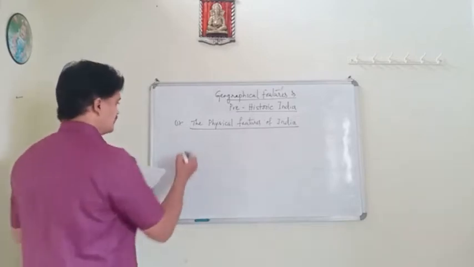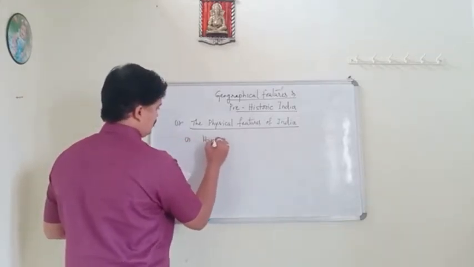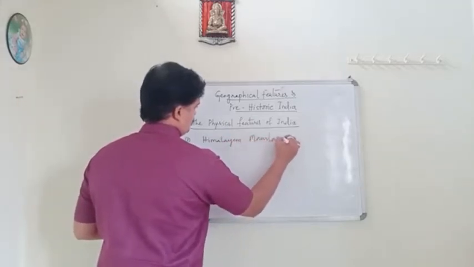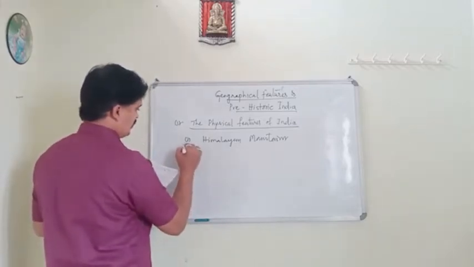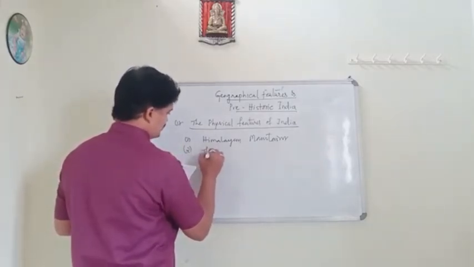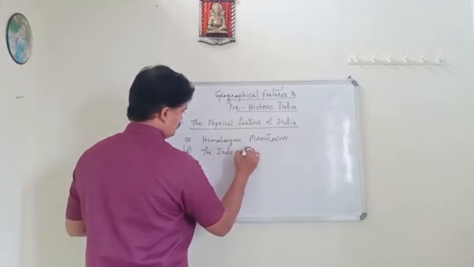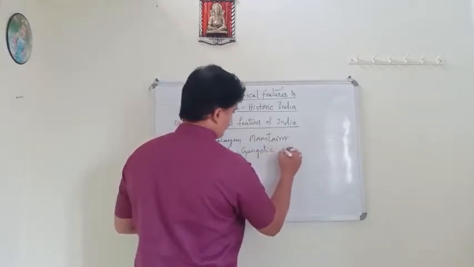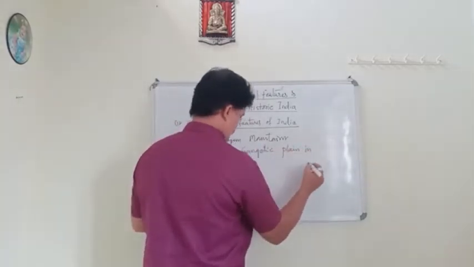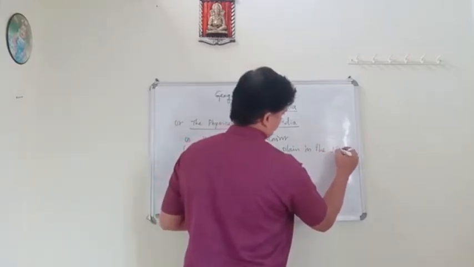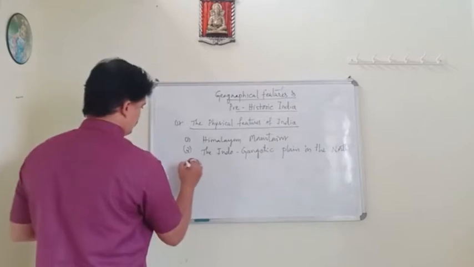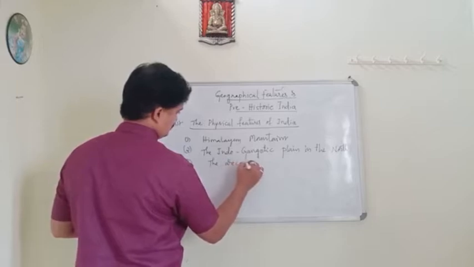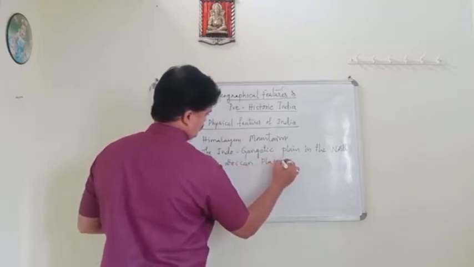The geographical features of India comprise the Himalayan mountains, and the next one is the Indo-Gangetic plain in the north, and the third one, the Deccan Plateau.